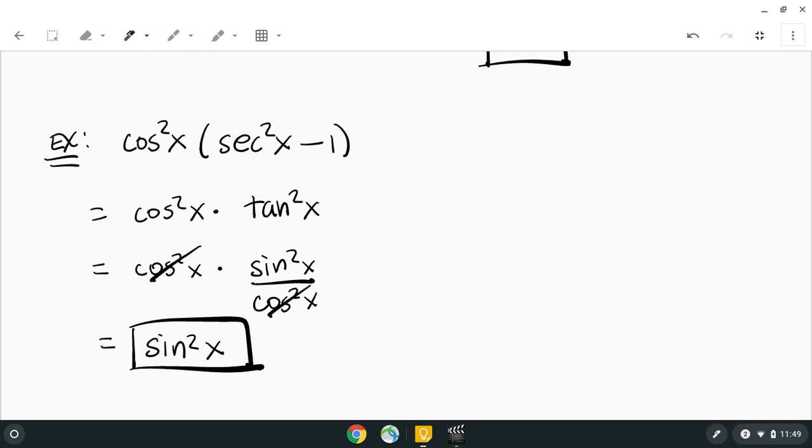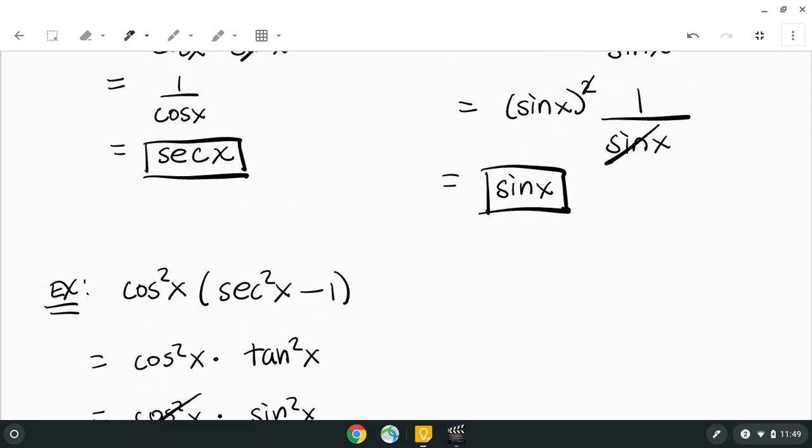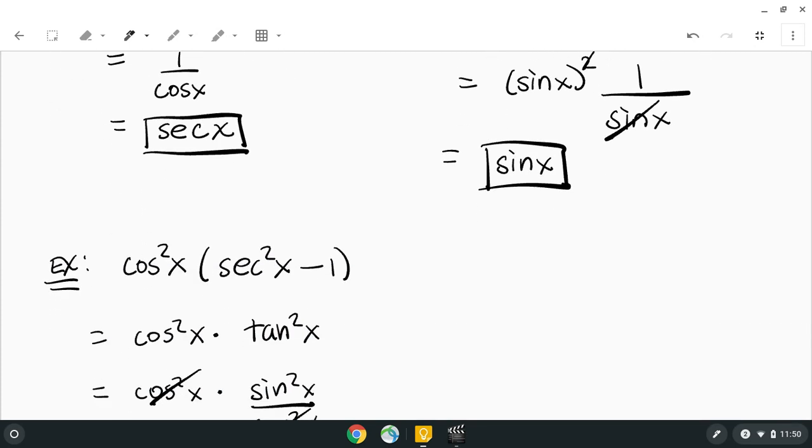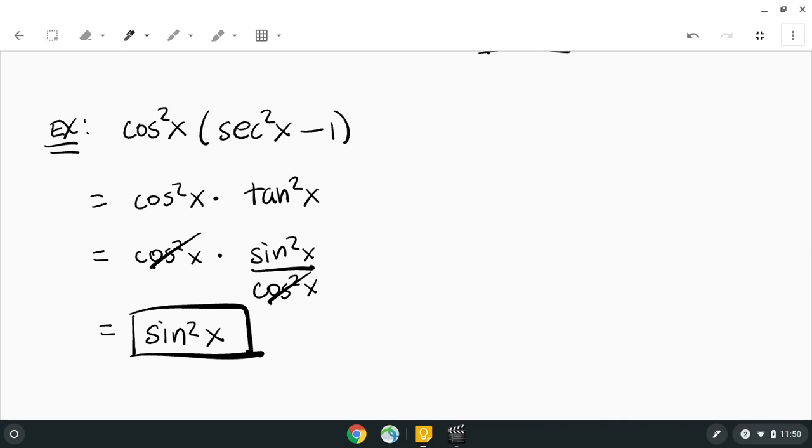Verifying is a little bit easier because you know what you're aiming for, and so you know when to stop. Simplifying could be tricky for some students because they're not sure if they're done. They're not sure if they should simplify this part some more. But with verifying, once you get it to look like the other side, you're done. Let's go ahead and have a look.